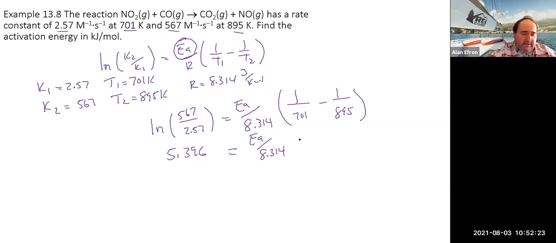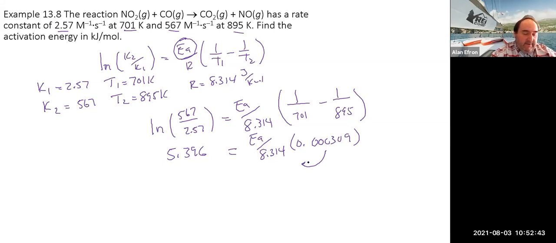Cleaning up what's in our parentheses gets us something like 0.000309. We multiply by 8.314 and then divide that to the other side.